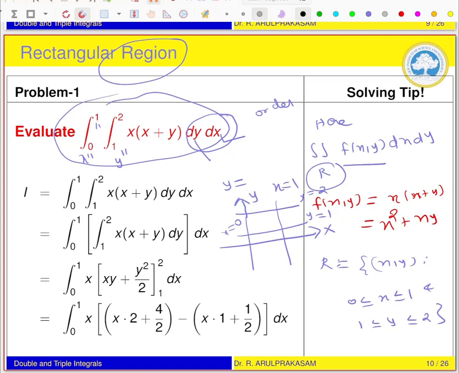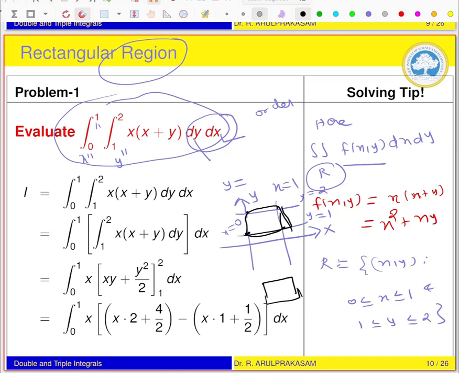So my region is 1, 2, 3, 4. This area is our region. This rectangle is our region.